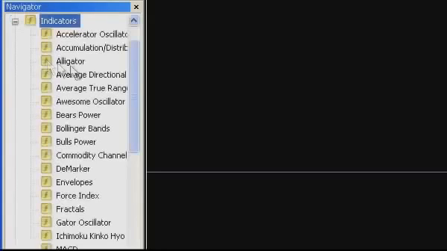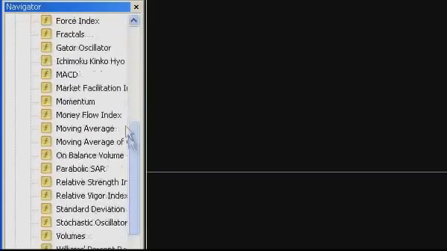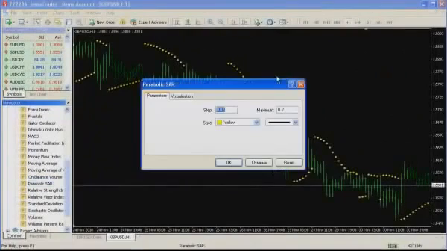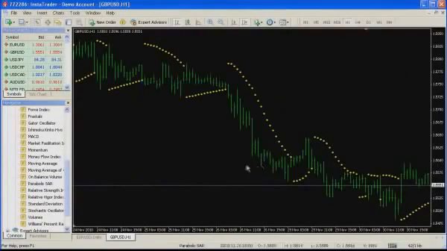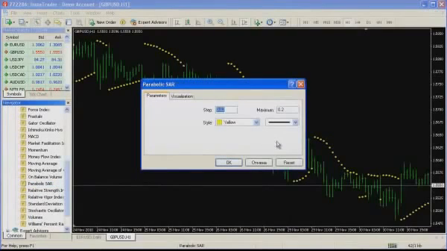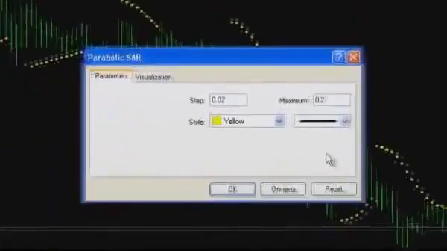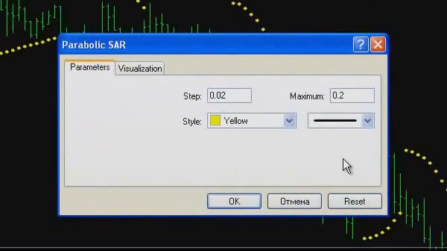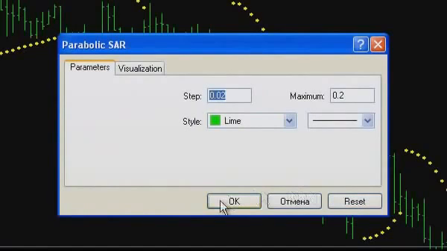To do this, you need in the menu of the Navigator panel to open the list of indicators, choose Parabolic SAR and move it with the help of the mouse on the chart, or click on it twice using the left button of the mouse. In both cases, the dialog window with the indicator's parameters appears on the screen. These parameters can be left unchanged, adjusted manually, or standard settings can be restored by pressing the Reset button.